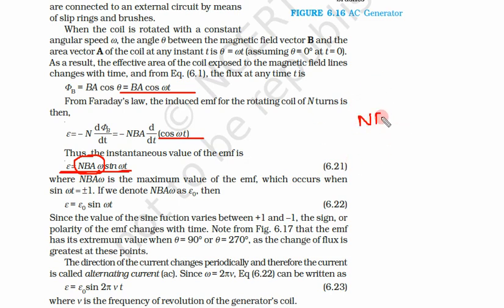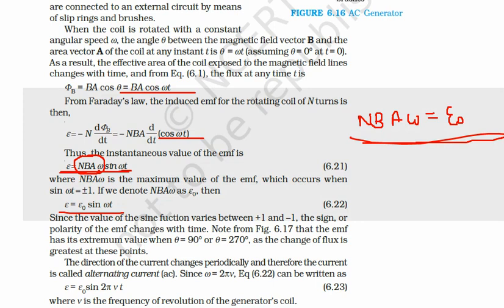So let us call this NBA omega equal to epsilon 0. Since this is a constant, we are calling it epsilon 0. So epsilon is equal to epsilon 0 sin omega t.